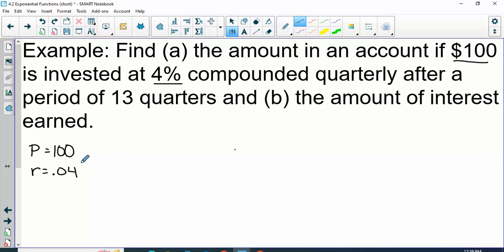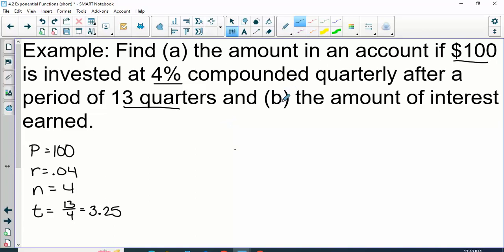When I say compounded quarterly, what does that tell me? So my n, the number of times a year, is 4. 13 quarters, what's that giving me? How would I change 13 quarters into years? So 13 divided by 4 is 3.25.